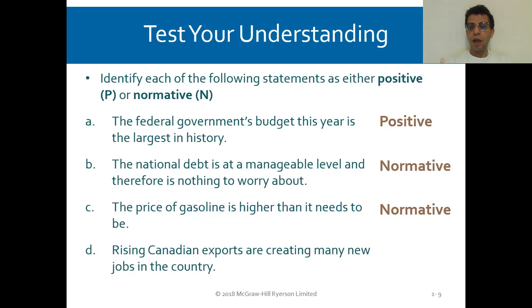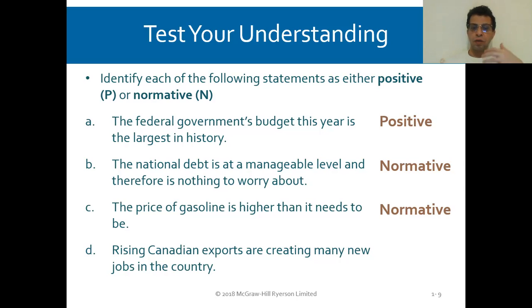Now, as an example to make it more clear, when we say the federal government budget this year is the largest in history, this is positive because a budget is a number, dollars that you can count. Now, when you say the national debt is at a manageable level and therefore there is nothing to worry about, here it is based on your point of view.